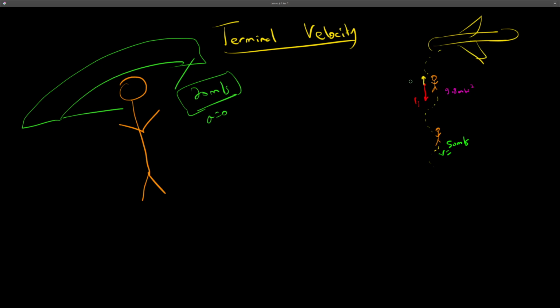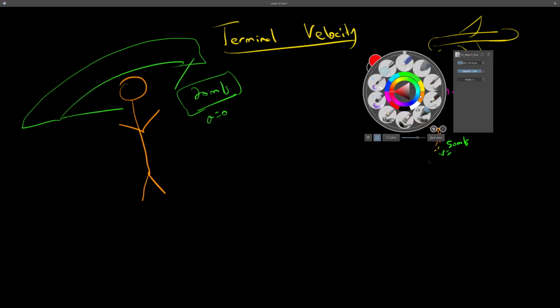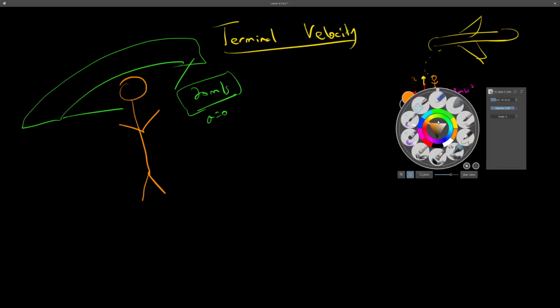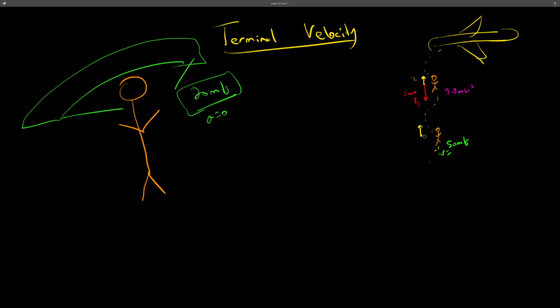If you weigh like 50 kilograms, then you have a Fg of 500 newtons, and your drag force would be some value less than this. But eventually, your drag force will start to increase.